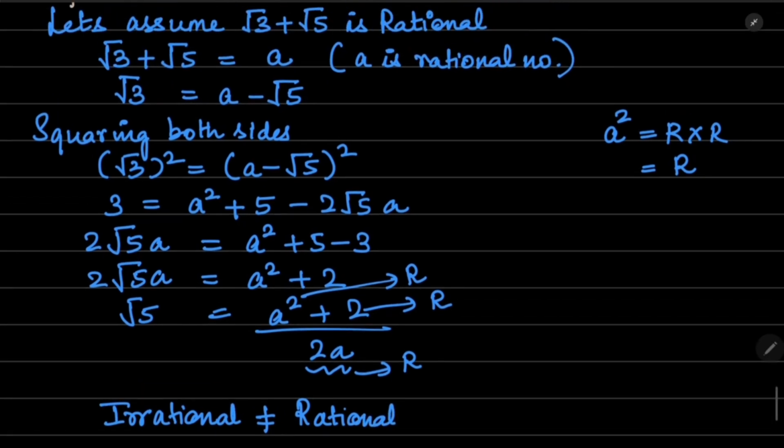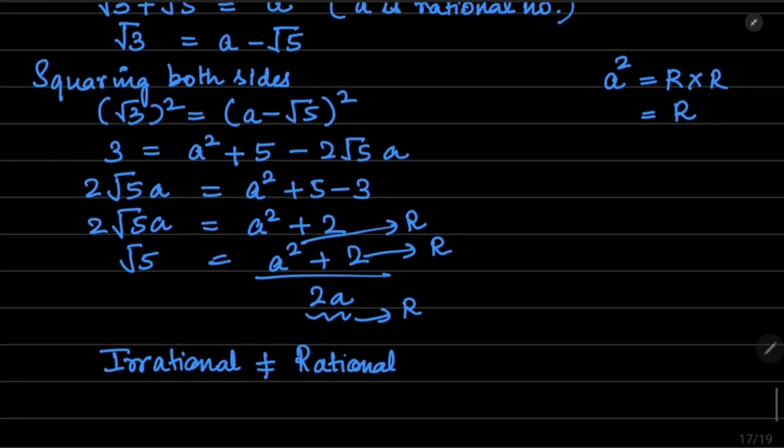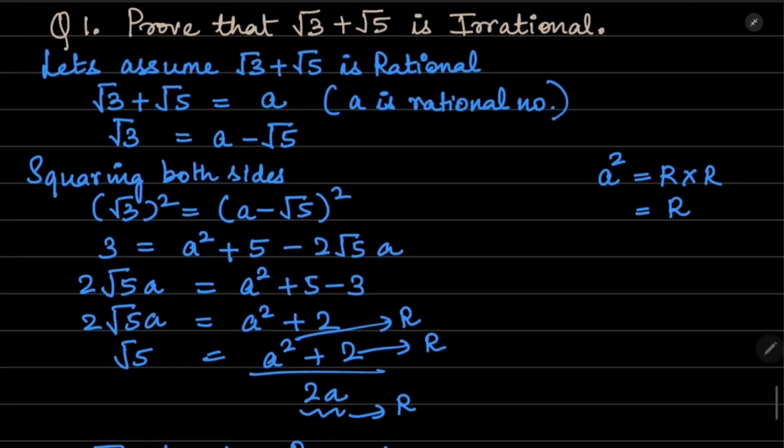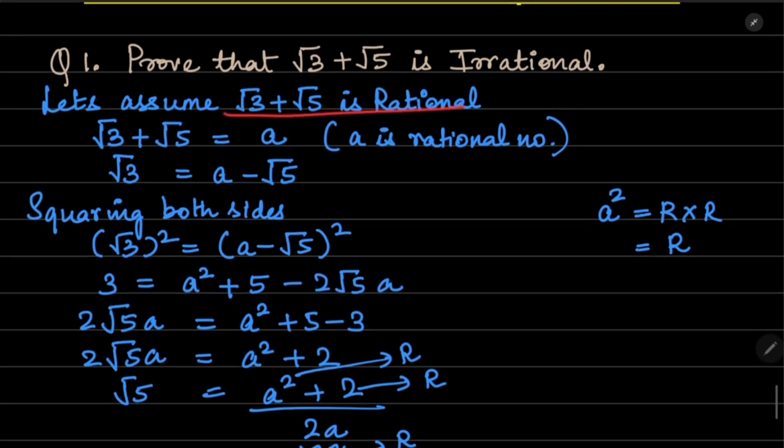Which makes our assumption wrong. And what did we assume? We assumed that root 3 plus root 5 is rational. So this assumption is wrong.